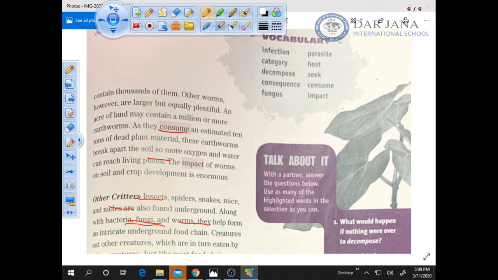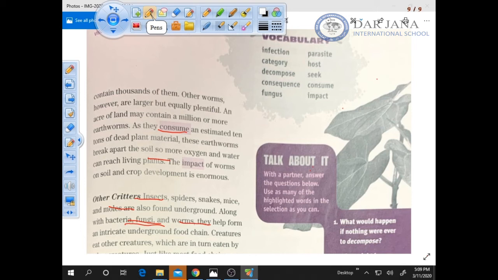As they consume an estimated 10 tons of dead plant material. Now, what's the meaning of consume? From the previous lines, we can see that plants take nutrients from other plants, or bacteria take nutrients from other plants.